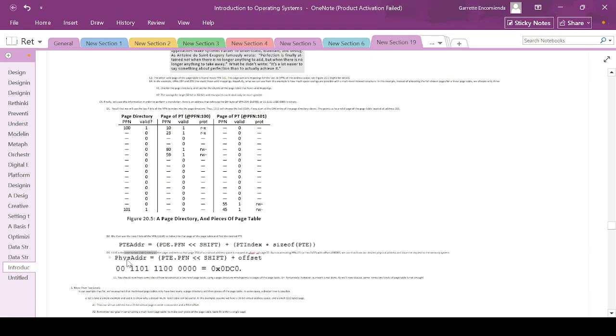This is where we convert it to the actual physical address: pte.pfn, we shift it, plus the offset. So this 1110 is the page table entry, which will determine our physical address and tell us that page 254 of our virtual address space is mapped at physical page 55.